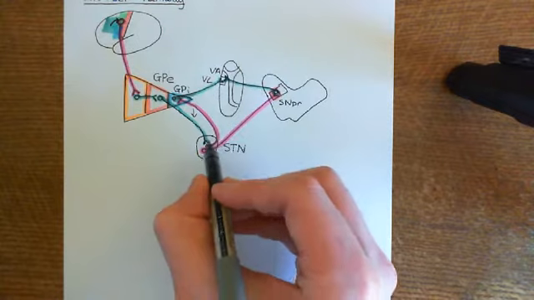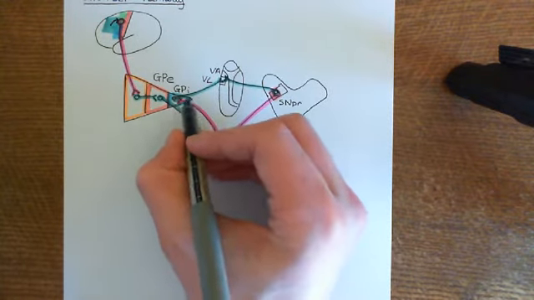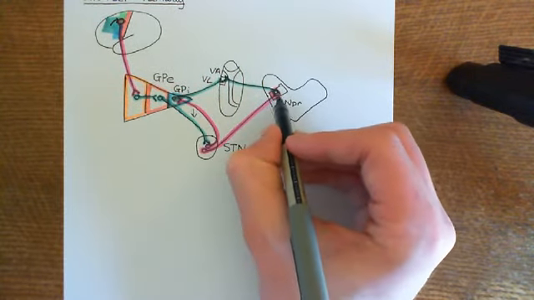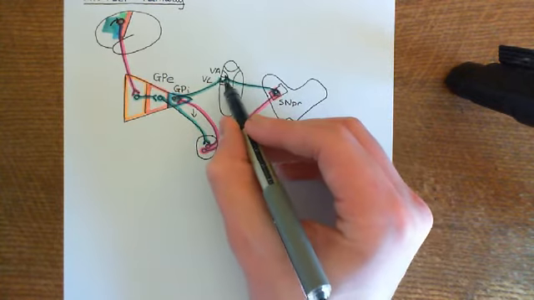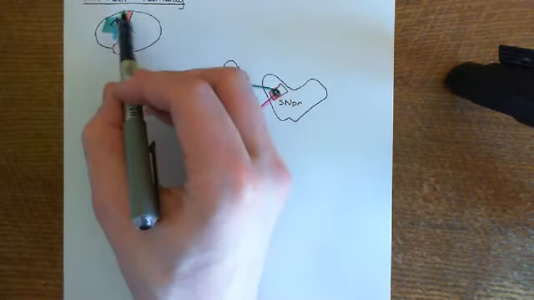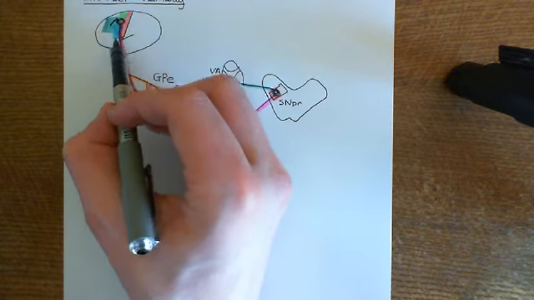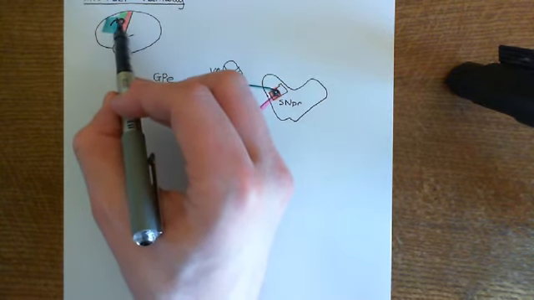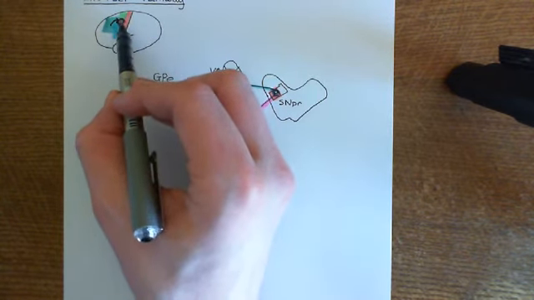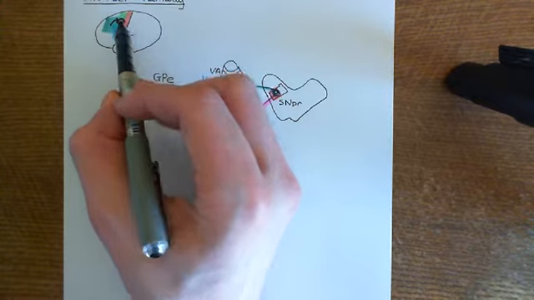Okay, so basically you're going to activate all portions of the internal globus pallidus and substantia nigra pars reticulata which inhibit the permissive signal going to all the other areas of the secondary motor cortex, apart from the area that you actually want the permissive signal to go to.